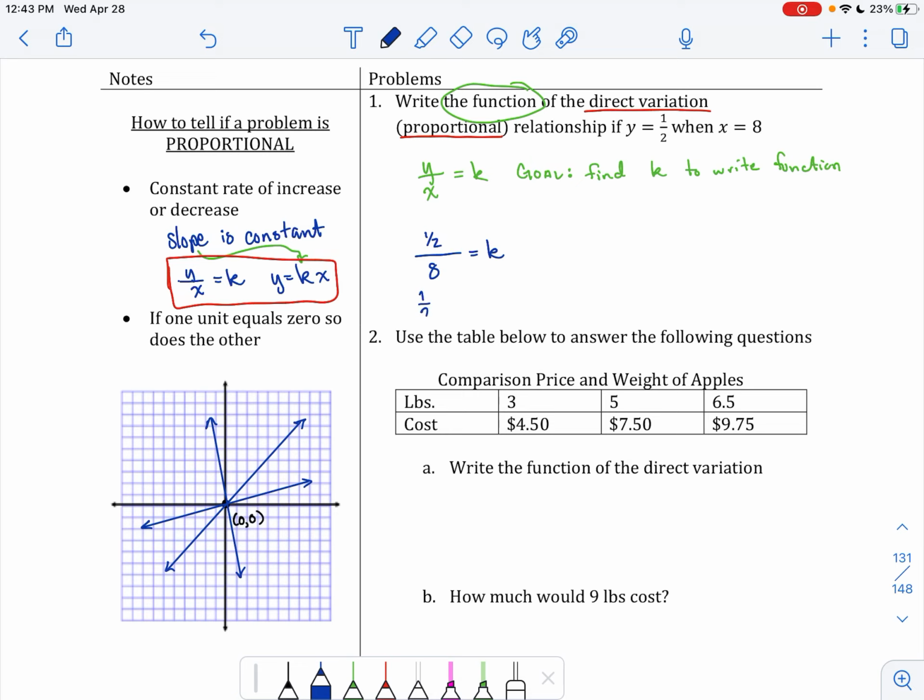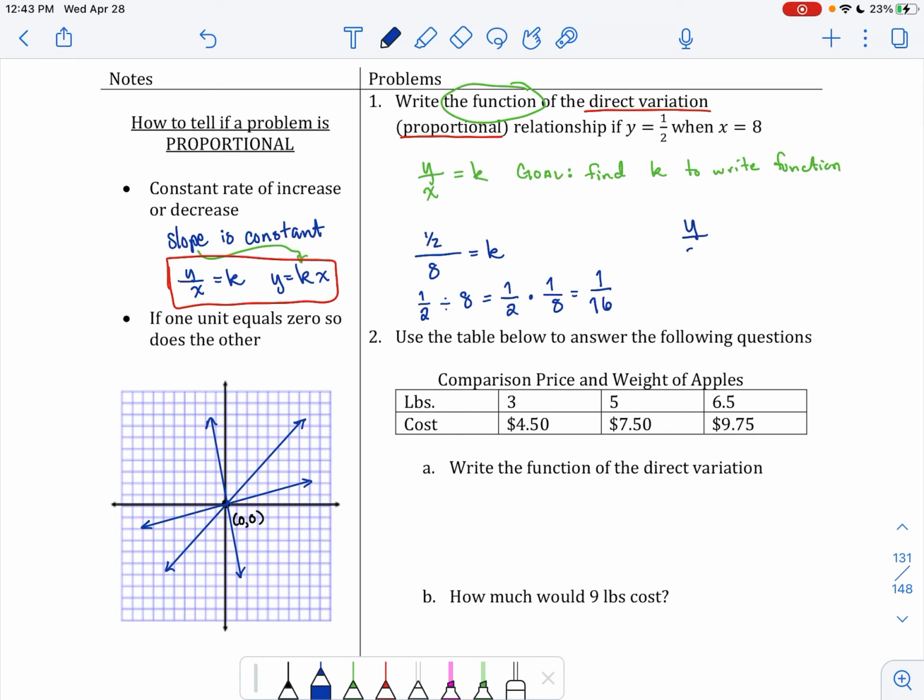I find with fractions it's easier to write first as maybe a division problem, and then dividing fractions is the same as multiplying by the reciprocal. So 1/2 over 8 is the same as 1/2 divided by 8, which is the same as 1/2 times, division turns into multiplication, and the fraction flips, 1/8. Then that's 1 over 16 as our k value.